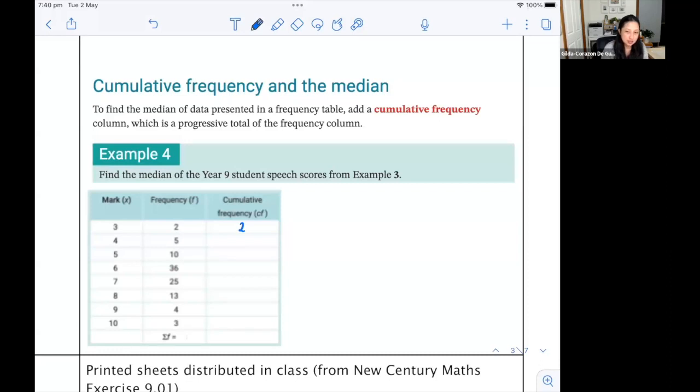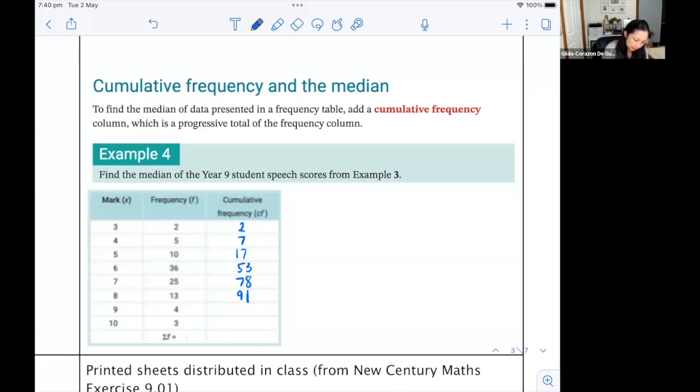Now you add 2 and 5, you get 7. 7 and 10, you get 17. 17 and 36 would give you 53. 53 and 25 would give you 78. 78 plus 13 is 91. You're most welcome to use the calculators, right?